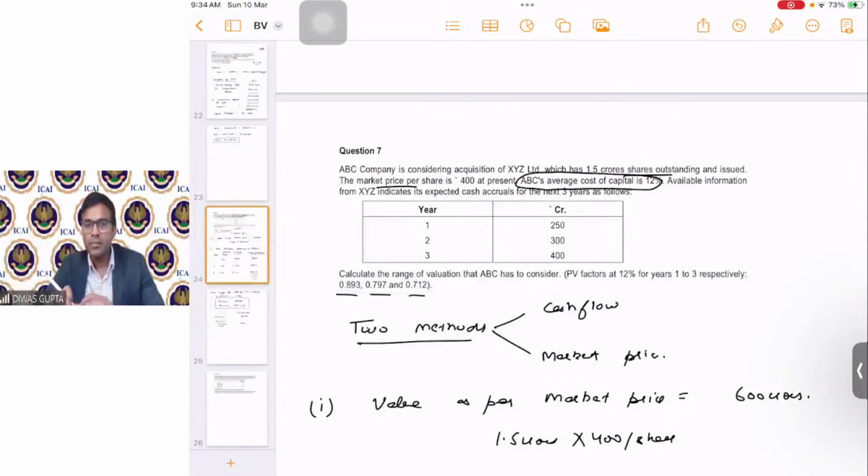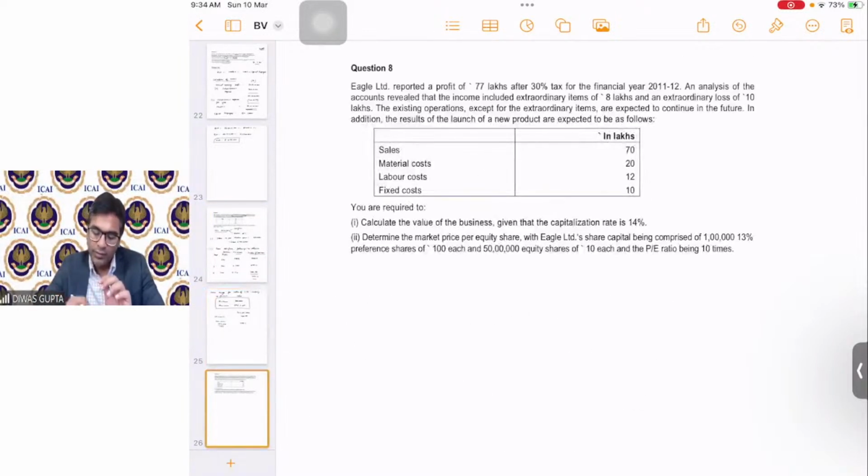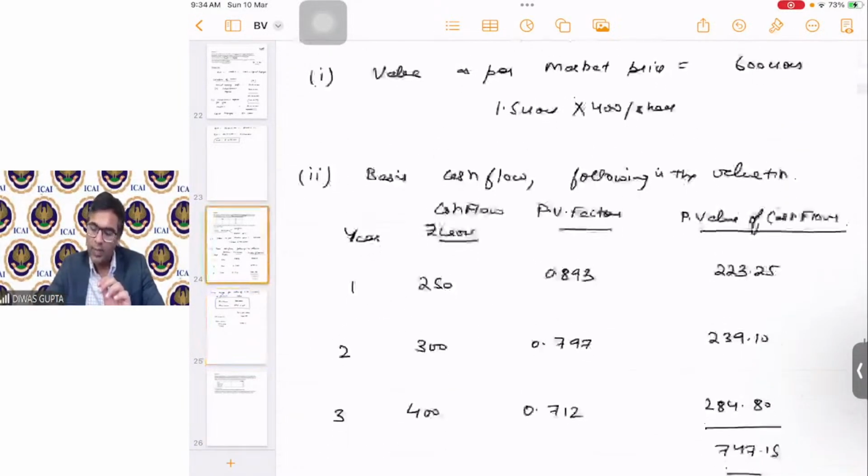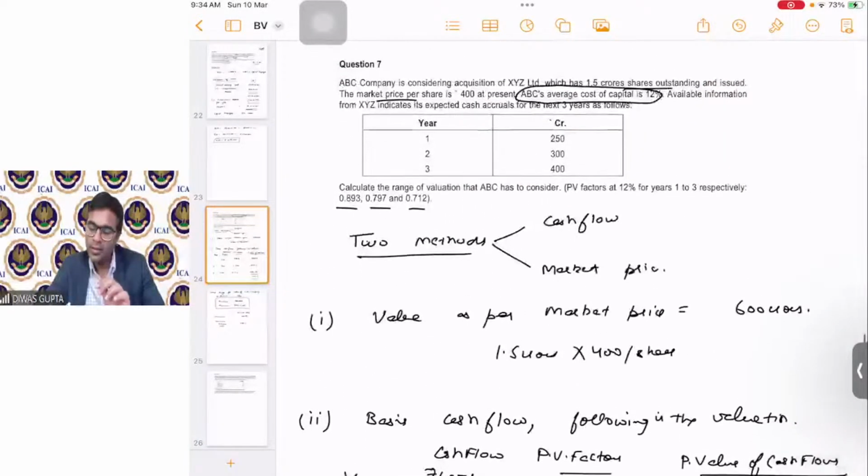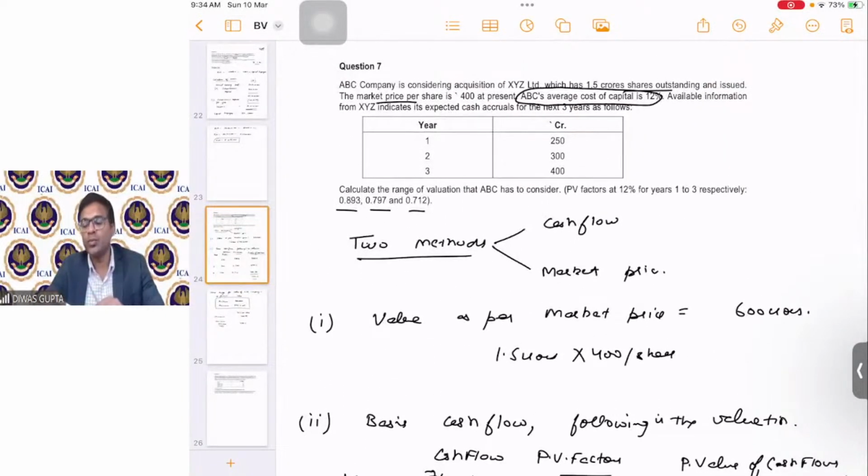Solution is done. Solution is this much only, but I'm just checking on one inherent thing in the question. Do you feel something also needs to be adjusted to arrive at the right value? Tell me, students, come on.